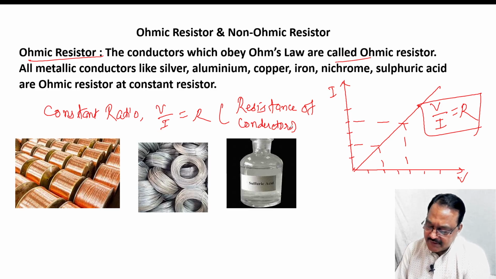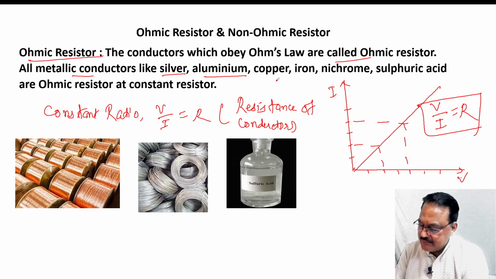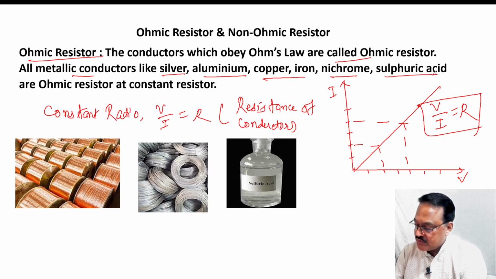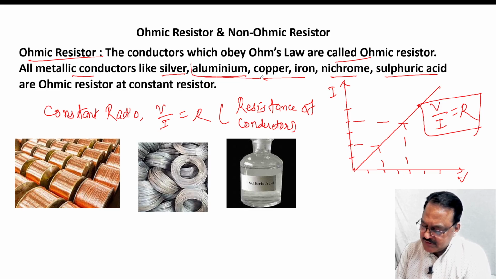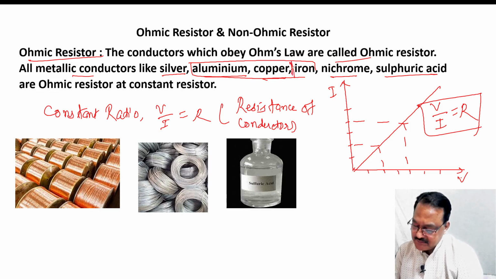That's why we have taken some of the metallic conductors like silver, aluminium, copper, iron, nichrome, sulfuric acid also. It also follows Ohm's law. This is the reason aluminum or copper is mostly used in our electrical circuits because it is having the same properties.